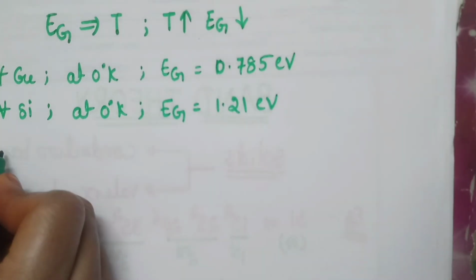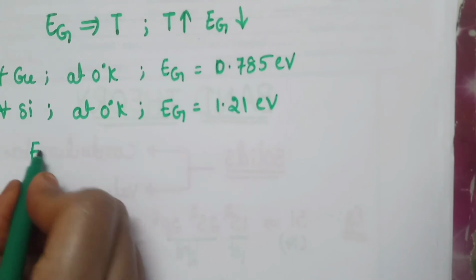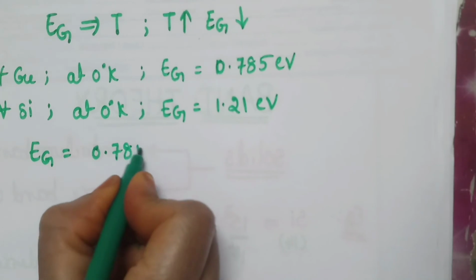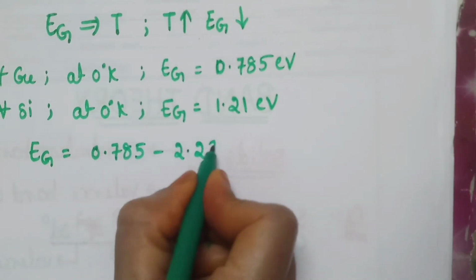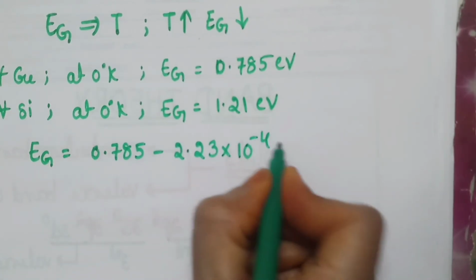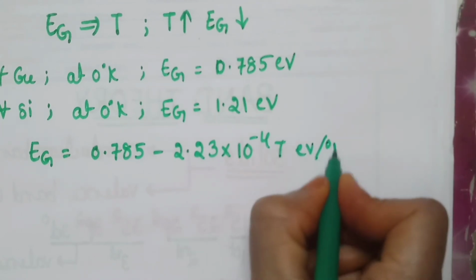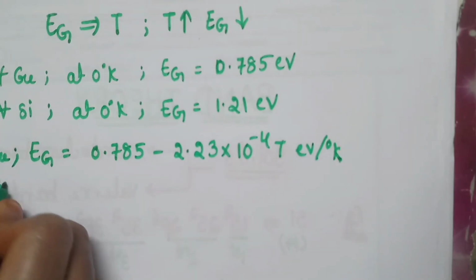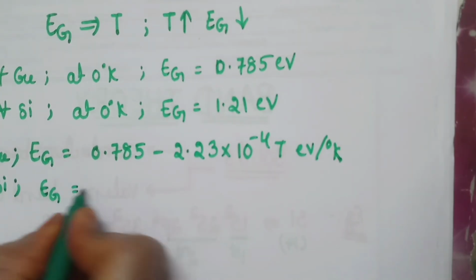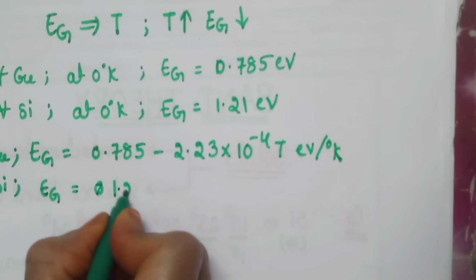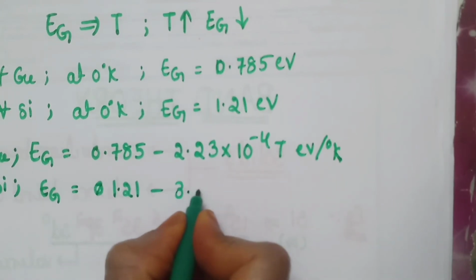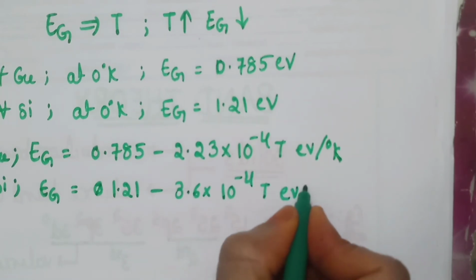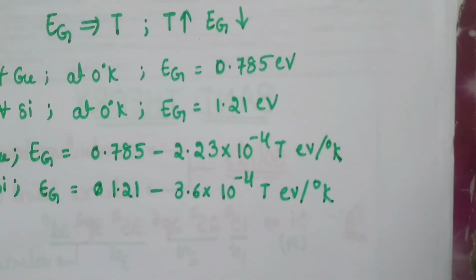As the temperature is increased, their values reduce: Eg is equal to 0.785 minus 2.23 into 10 to the power of minus 4 T electron volts per degree Kelvin for germanium, and for silicon Eg is equal to 1.21 minus 3.6 into 10 to the power of minus 4 T electron volts per degree Kelvin.